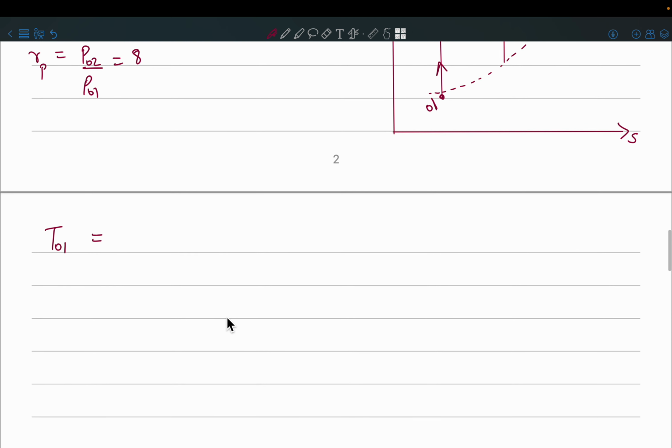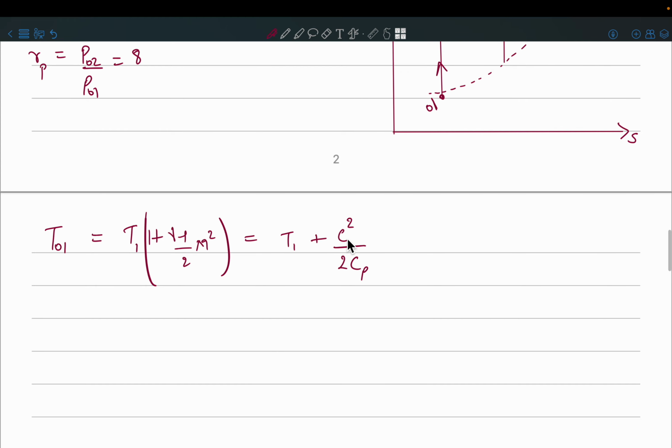So we can calculate T01 as T1 plus, what is the formula? Yes, T1 plus C square by 2Cp, right?